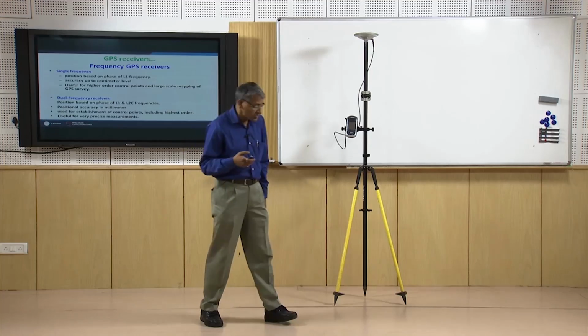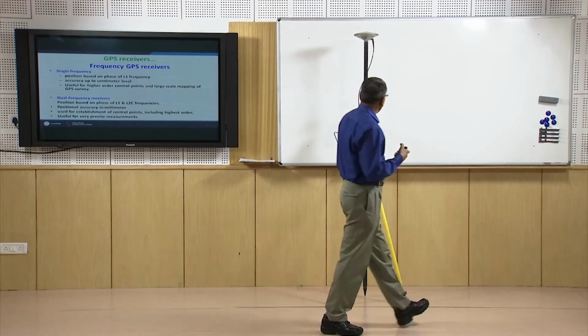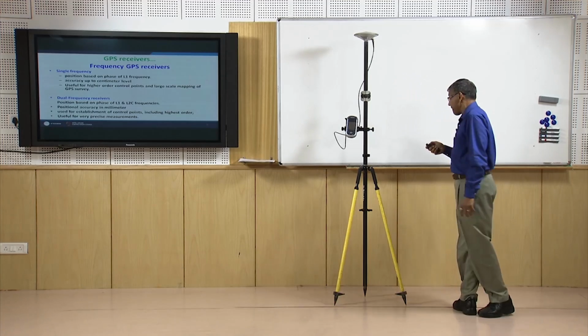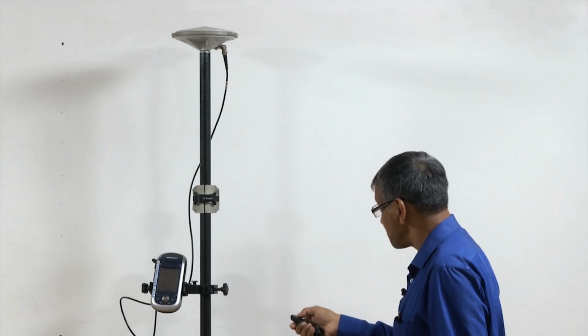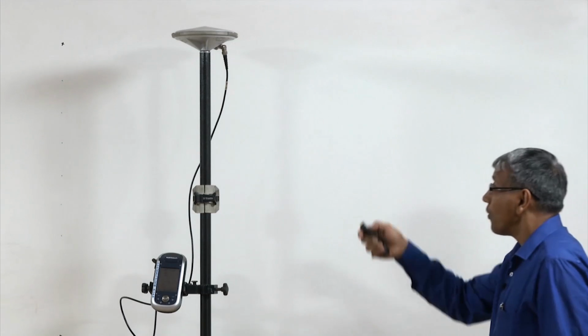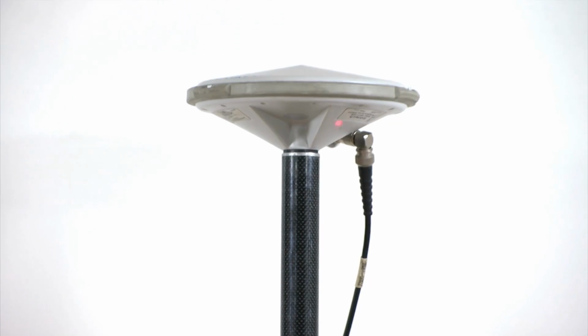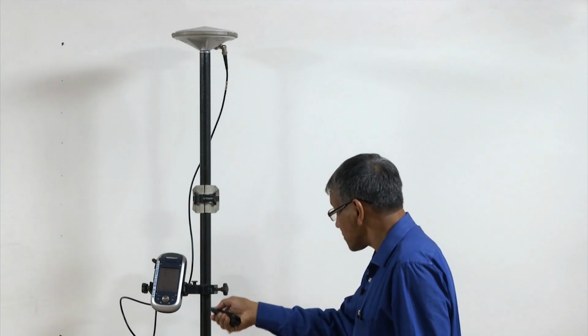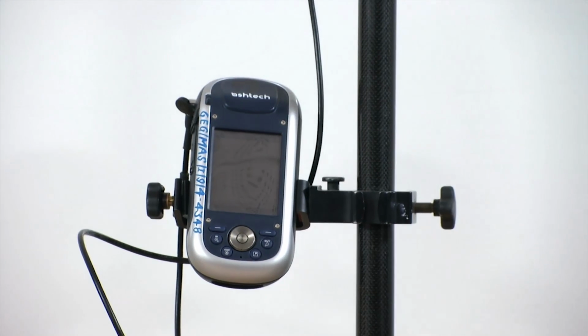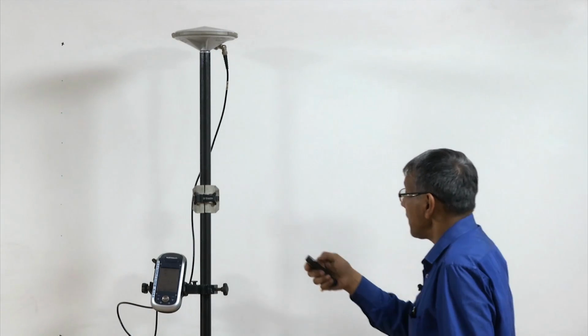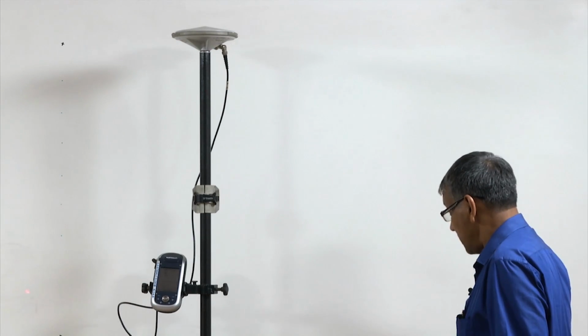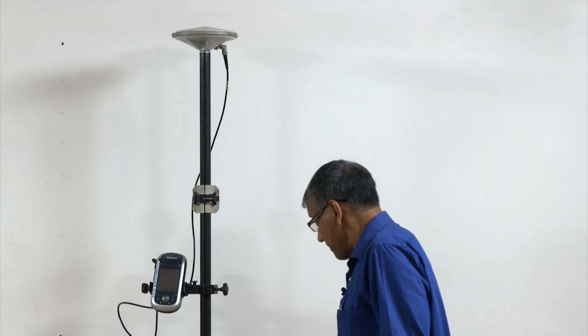Now, let me demonstrate a dual frequency GPS receiver. Here you see a dual frequency GPS receiver where this is the antenna of the receiver, and the receiver as well as controller is this one, which is connected using a connector, and it has been set up on a stand.